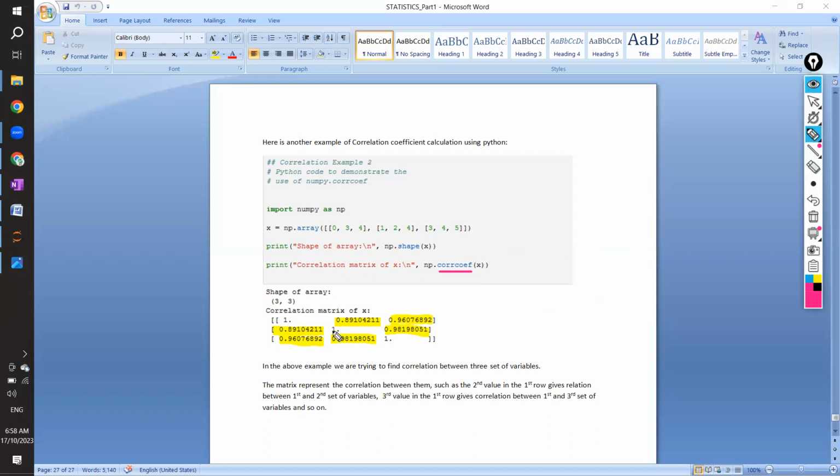Okay. So from this, can you tell me what are the most strongly correlated sets and least correlated sets, Meghna?